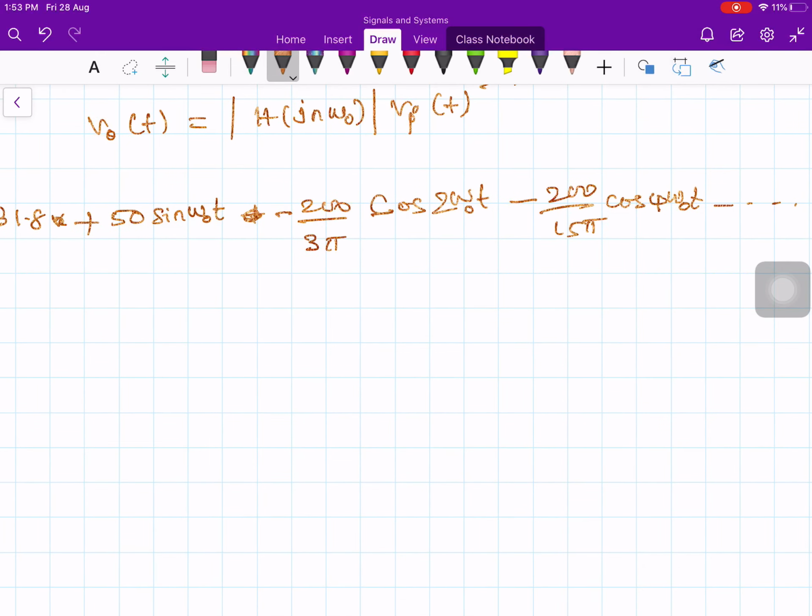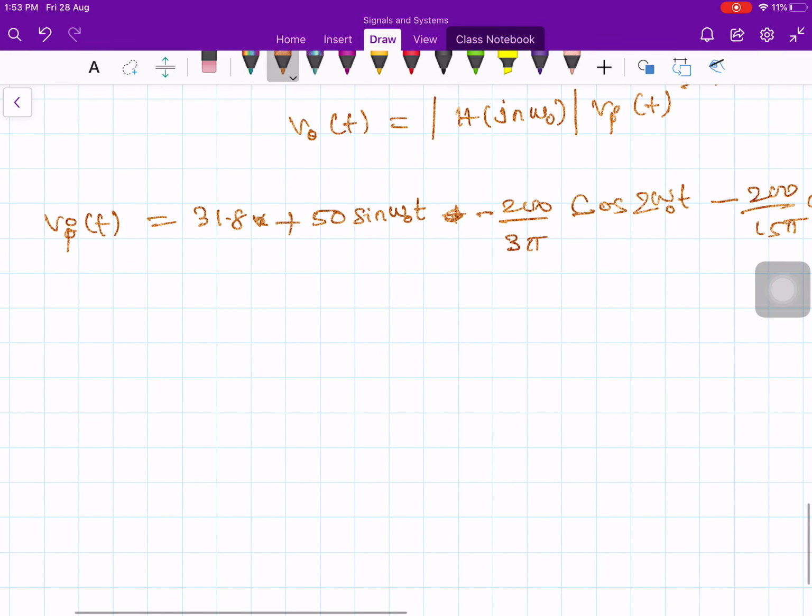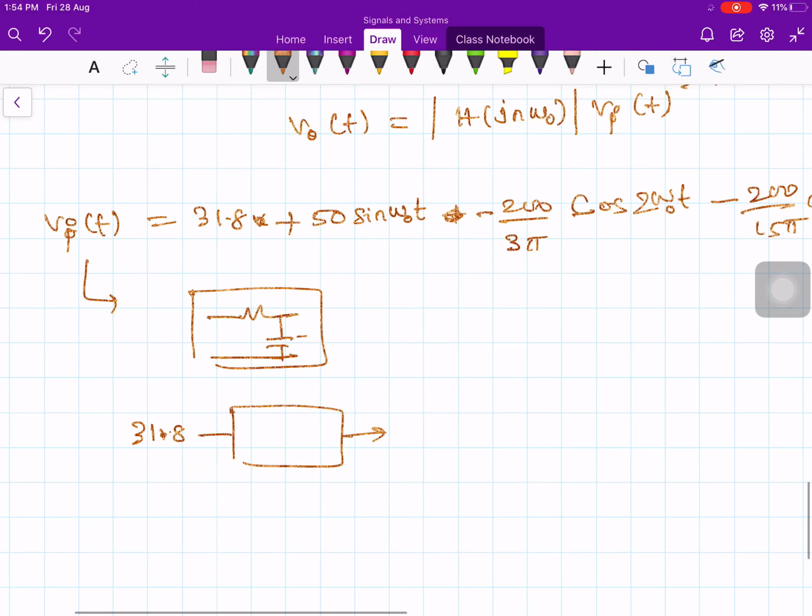Okay, plus other terms. Now what you do, you take this Vi of t and give it to the circuit, like an RC circuit, if you want to find out the output. Now if you apply 31.8 to the system, then the output is H of j n omega naught times 31.8. What is the frequency in this?